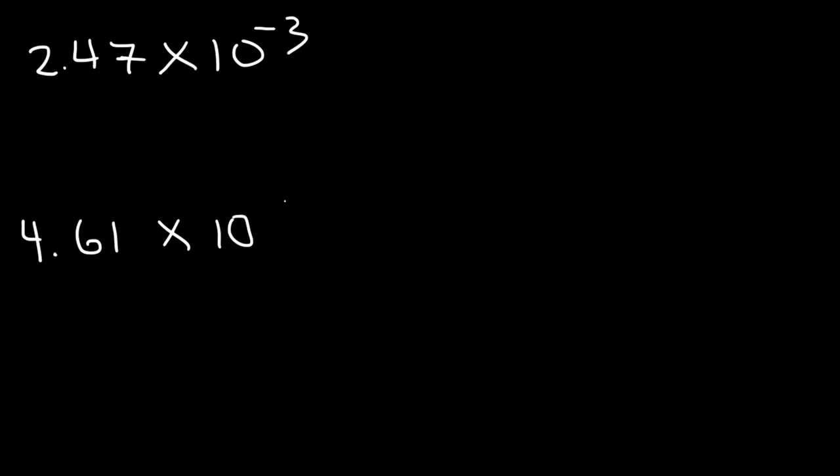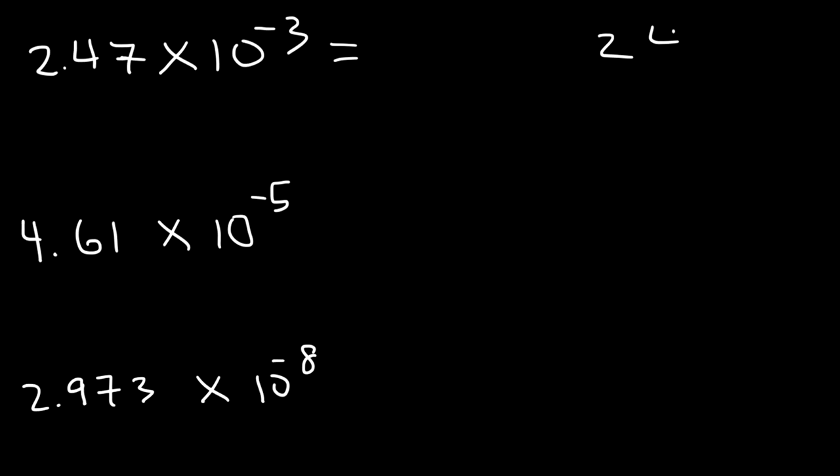So now it's your turn. Try these problems. 2.47 times 10 to the minus 3, 4.61 times 10 to the minus 5, and 2.973 times 10 to the minus 8. So let's start with this problem. 1, 2, 3.